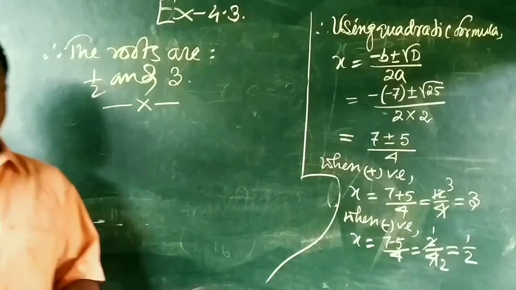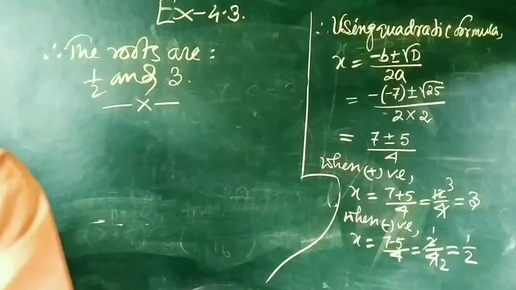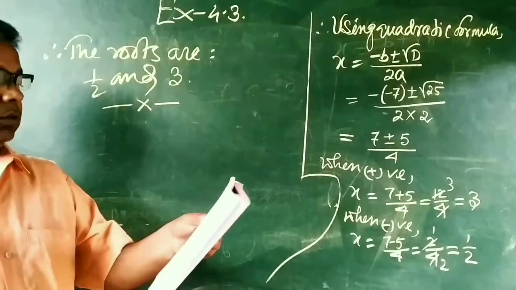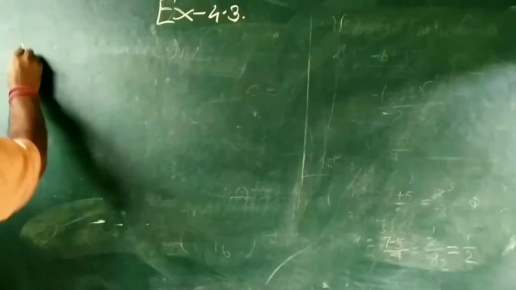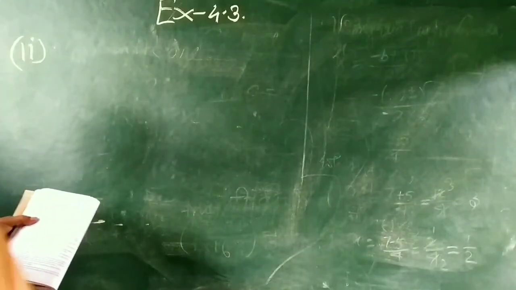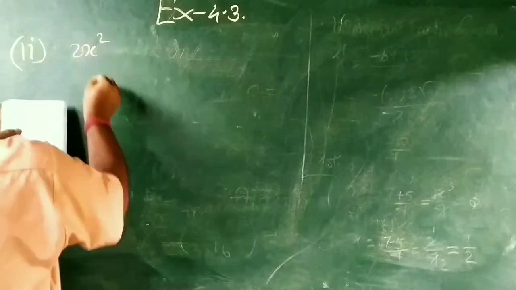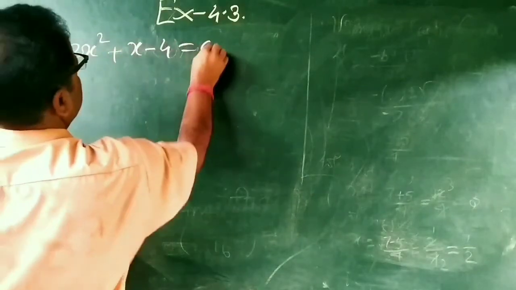So we will see the next question, then you will be efficient at how to use the quadratic formula. Let's move to question number 2. 2x square plus x minus 4 is equal to 0.